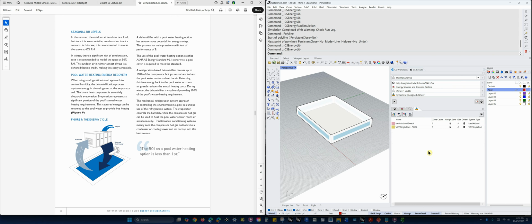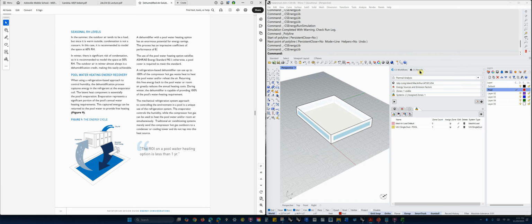I feel like that's pretty good for the level we're at, at this point in your careers. That's good enough, I think, to consider the HVAC for the pool. If a professor or somebody else has other suggestions that we could try to model, please let me know. We'll see if we can do it.